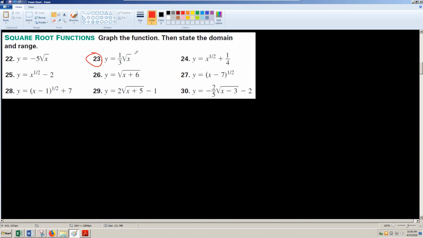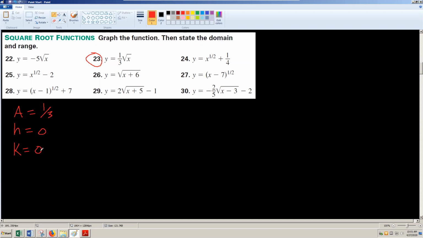So in terms of what's going on here, it's going to be opening up normal, all that stuff's the same. It's just that it's going to be kind of flattened out. So when I'm doing a problem like this, I would start out with my A, H, and K values, just so I explicitly know what they're going to be. A value here is a positive 1/3, H value is 0, K value is 0.